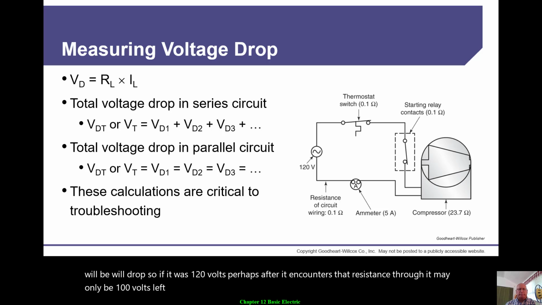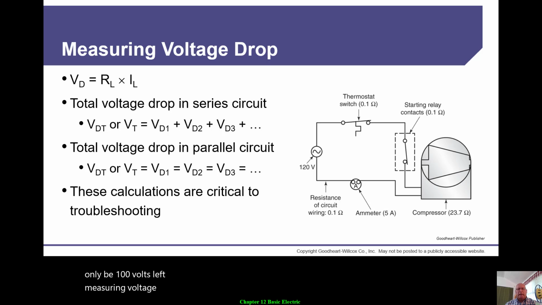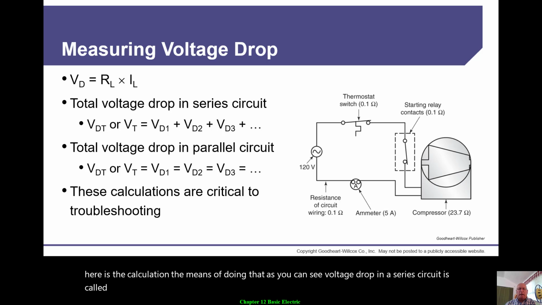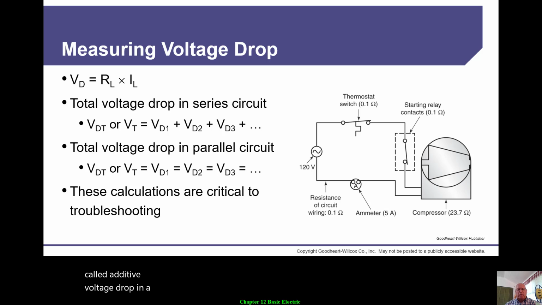Measuring voltage drop. Here is the calculation, the means of doing that. As you can see, voltage drop in a series circuit is called additive. Voltage drop in a parallel circuit is very different.